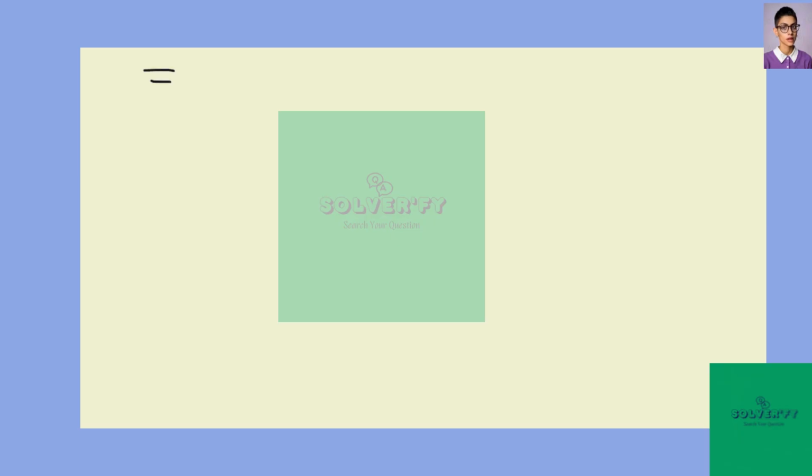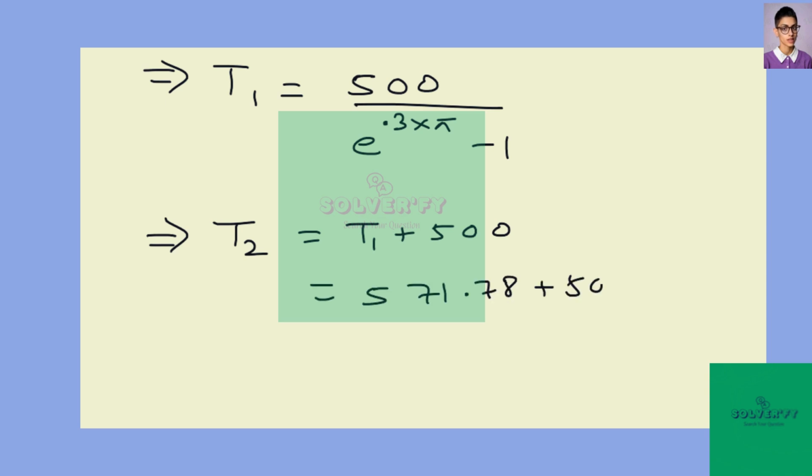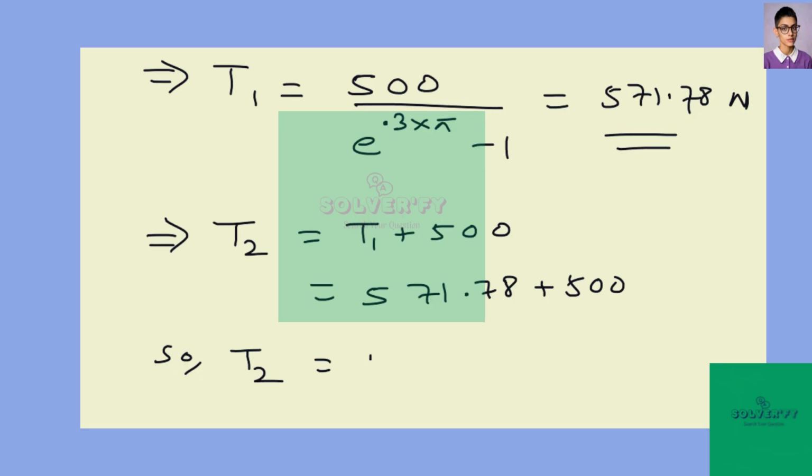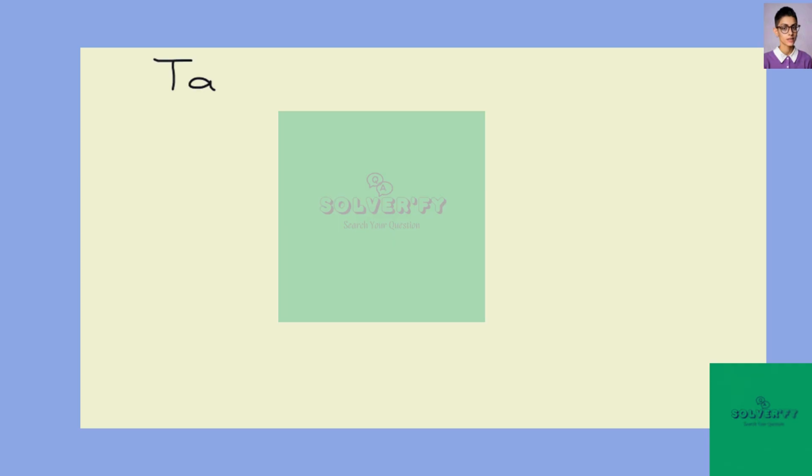On solving further, we can write T1 is equal to 500 by e to the power 0.2 pi minus 1. So T1 is 571.78 Newton, and T2 is equal to T1 plus 500, that is 571.78 plus 500. So on calculating we get T2 is equal to 1071.78.